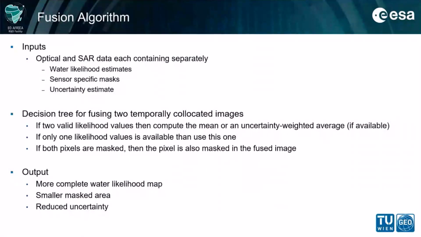If only one of the satellites shows a likelihood value, I take the one, thereby filling gaps in the other. And if both pixels are masked, well, I can't do anything about it, then also the pixel in the fused image is masked. So the output would be a more complete water likelihood map, a smaller masked area, and a reduced uncertainty of the output product.